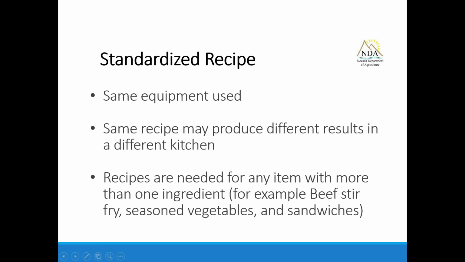You also will need to use the same equipment, and the same recipe may produce different results in a different kitchen. So recipes are needed for any item with more than one ingredient. For example, beef stir fry, seasoned vegetables, and even sandwiches.